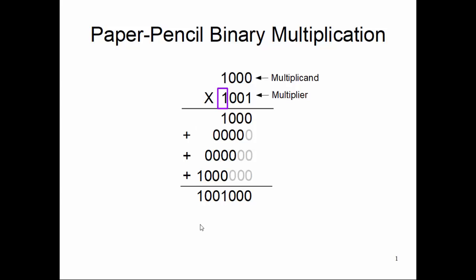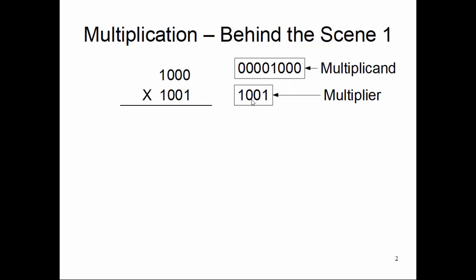Sometimes in the paper and pencil method we don't show all the bits, especially the bits at the left hand side, because that does not impact the ultimate value of the representation. But always know those zeros are there by theory. You are multiplying two 4-bit numbers, so your result ought to be 8-bit.